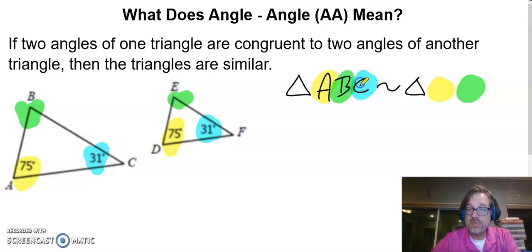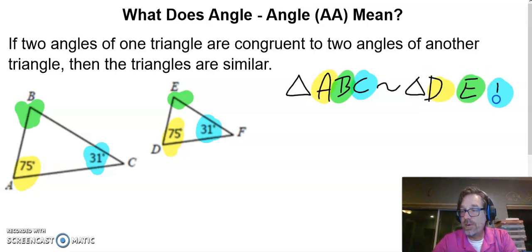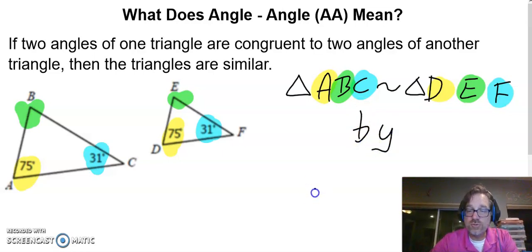And then lastly we did blue, so blue has to be third there. All right, so when we fill this in, we have triangle ABC, yellow, green, blue, and that's going to be yellow, green, blue, which is D, E, F. Remember, just because it's alphabetical in some examples doesn't mean it will always be alphabetical. And why are these 2 triangles similar? They're similar because of angle, angle.